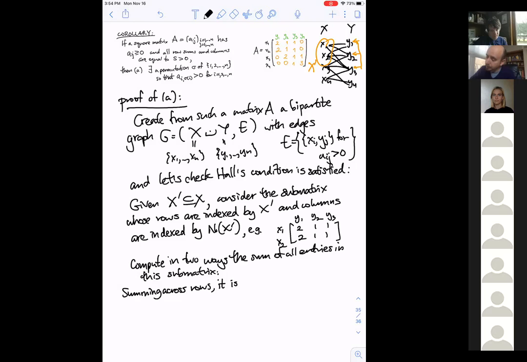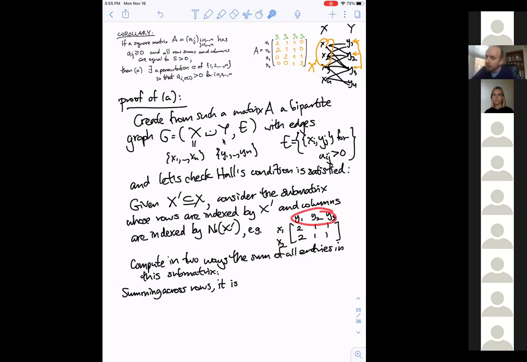All right. Summing across rows. You've got each row that's in X prime. And what you've taken is at least all of its non-zero entries. This was a poor choice of my X prime because there could have been some zero entries in here.